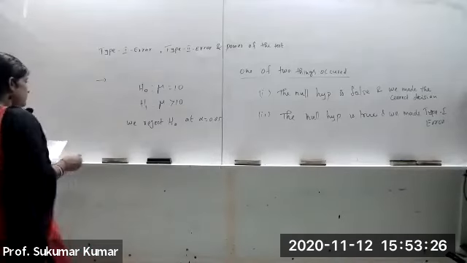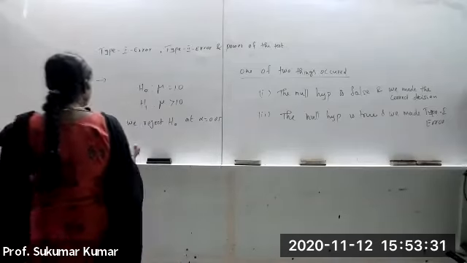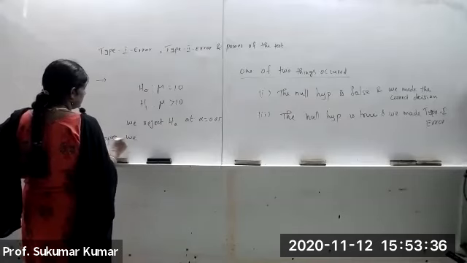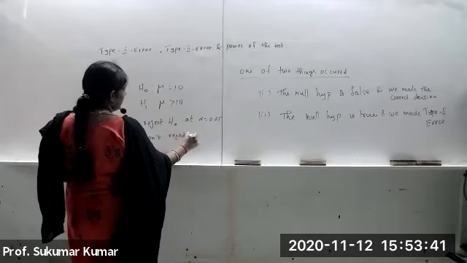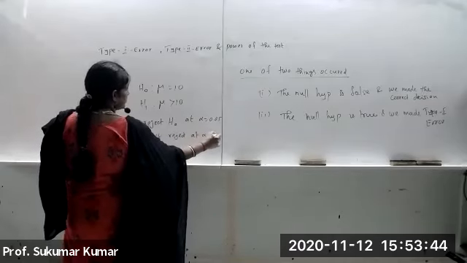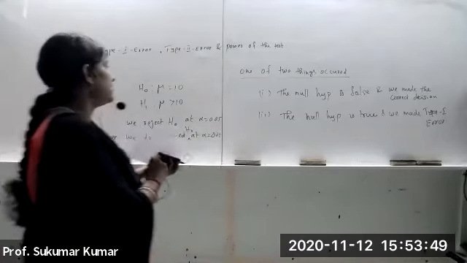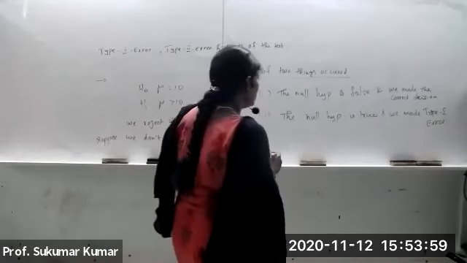Next, same, suppose we do not reject H naught at alpha equal to 0.05. So again, two things will occur. So what are the possibilities? First, null hypothesis true means we no need to reject, so that is the correct decision.